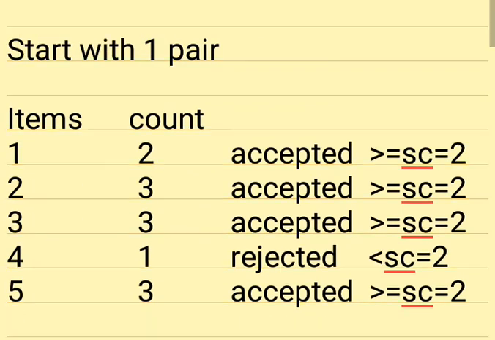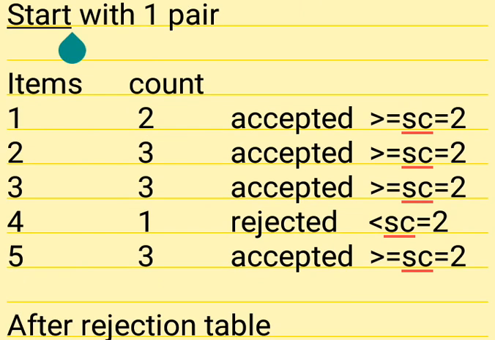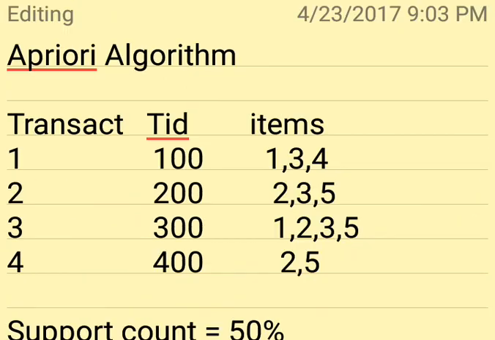So start with the first pass, single items. The transactions are 1 3 4, 2 3 5.